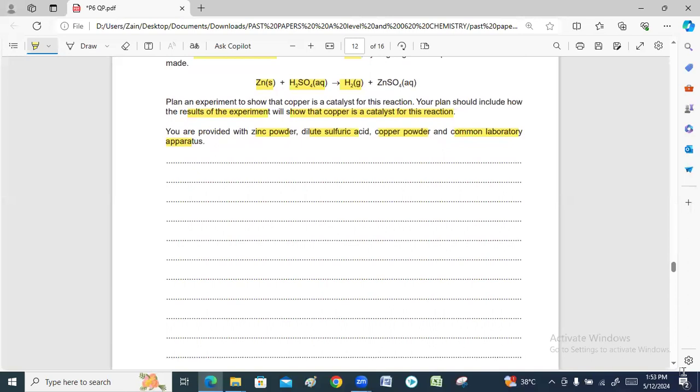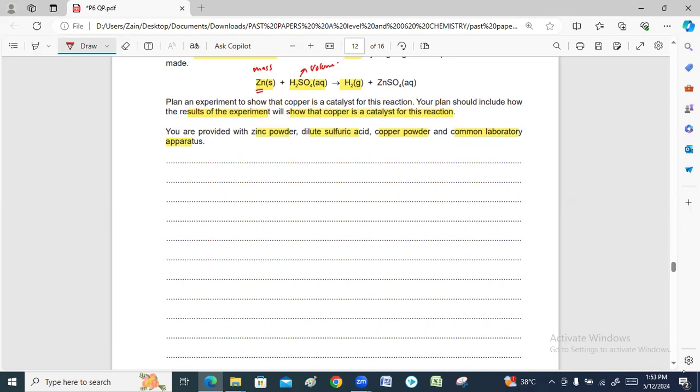So this reaction is between zinc and sulfuric acid. So first of all, if you want to make a fair test, we must use a fixed mass of the zinc because this is solid. And this is the aqueous solution, so a fixed volume of dilute sulfuric acid.